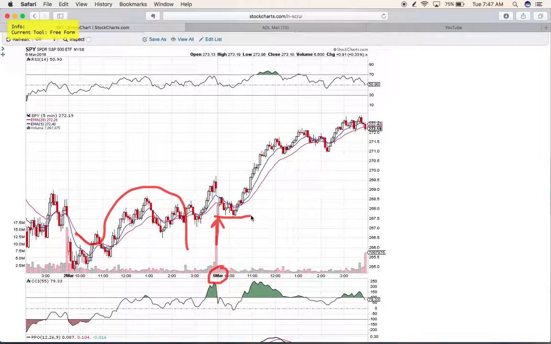After the first hour, notice it made that low right here, and it made this high. It had this box that it developed in the first hour of trading. And then it broke out right here, pulled back real quick, and then it took off. A little pullback, took off. So right here was a breakout after the first hour of trading in the S&P on a 5-minute chart.